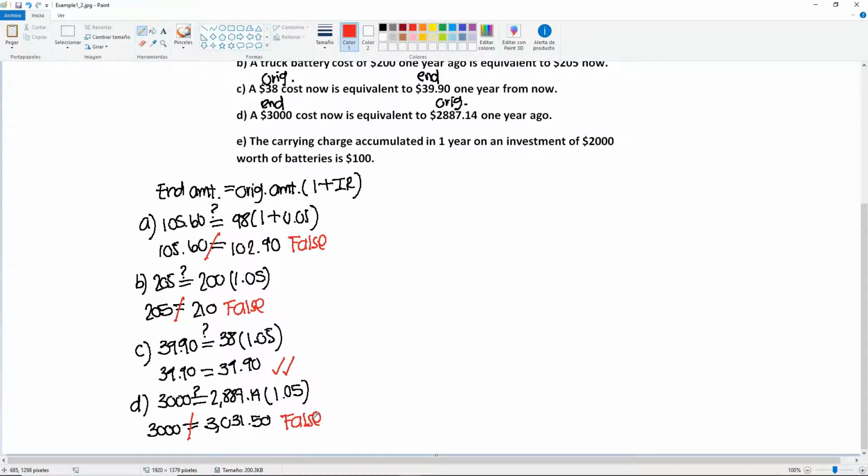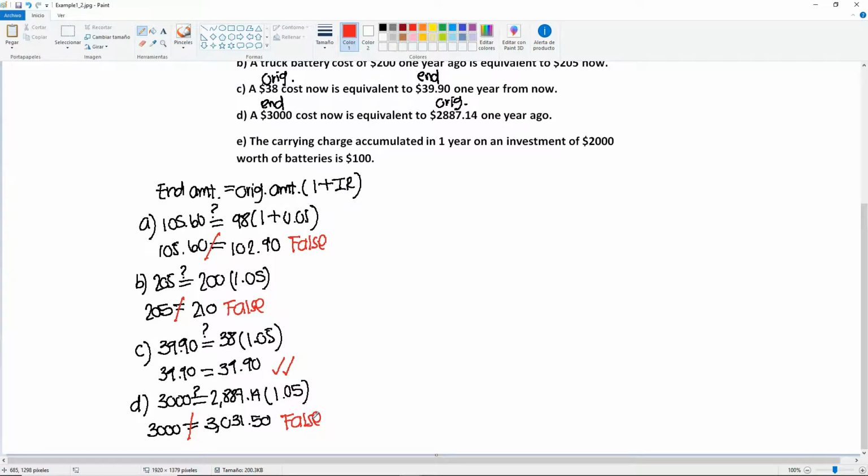Now we have part E, which is a little bit different because they're telling us that the carrying charge accumulated in 1 year on an investment of $2,000 worth of batteries is 100.